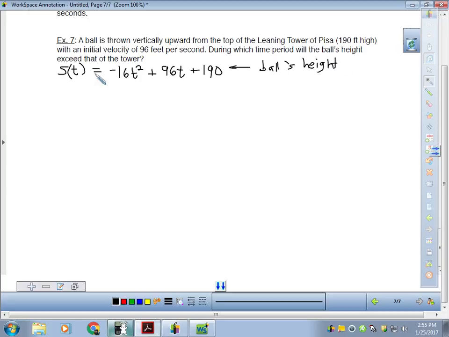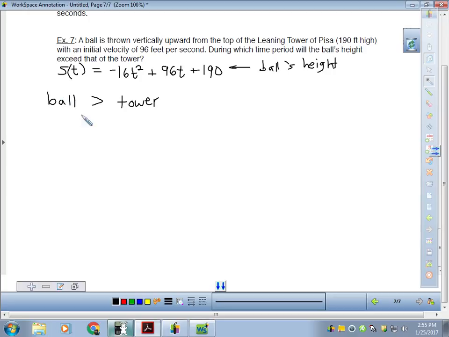Now they're asking us to figure out during which time period will the ball's height exceed that of the tower. We want it to exceed. Exceed means go above. So we want the ball to be greater than the tower.